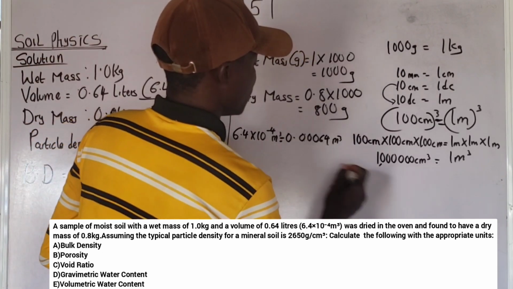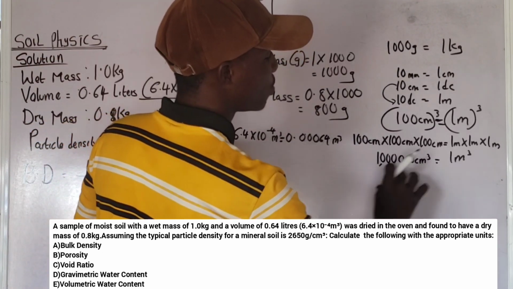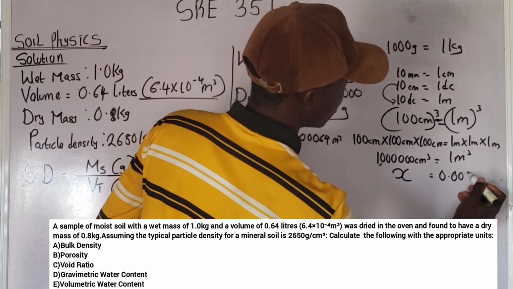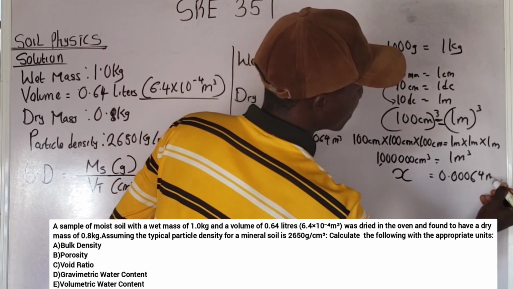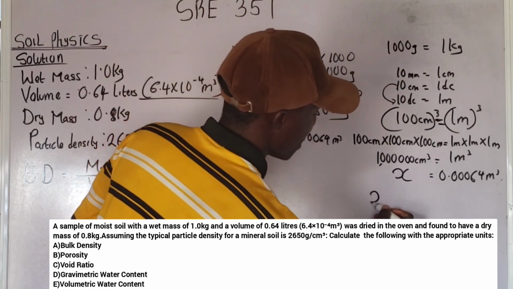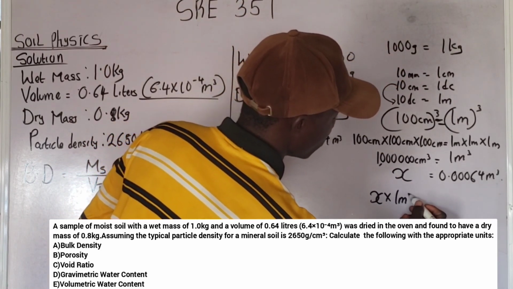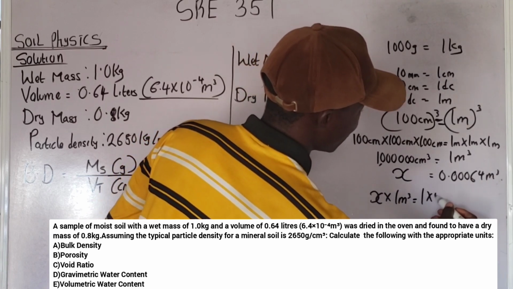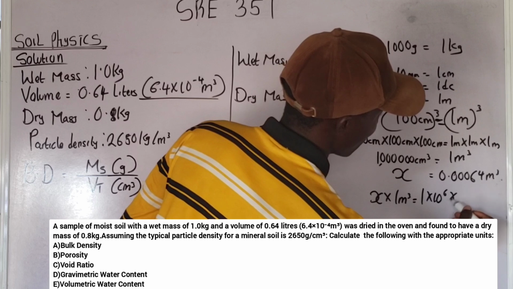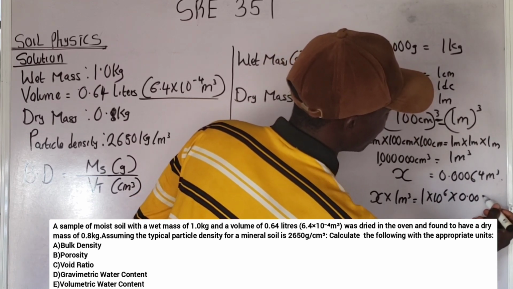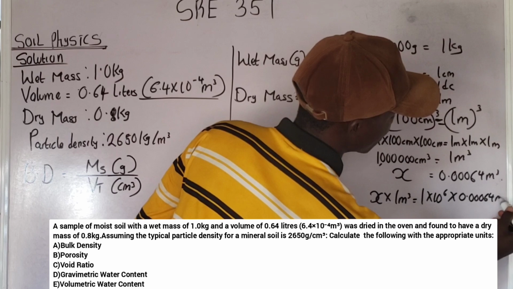Now, since I know that 1 million centimeter cube equals 1 meter cube, let x equal 0.00064 meter cube. Here I'm going to cross multiply. Hence I'm going to have x multiplied by 1 meter cube equals 1 million, which can be written as 1 times 10 raised to the power of 6, multiplied by 0.00064 meter cube.